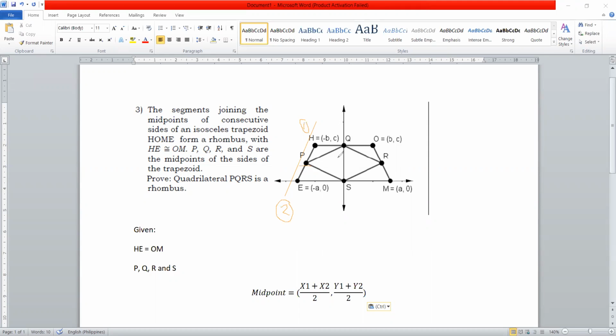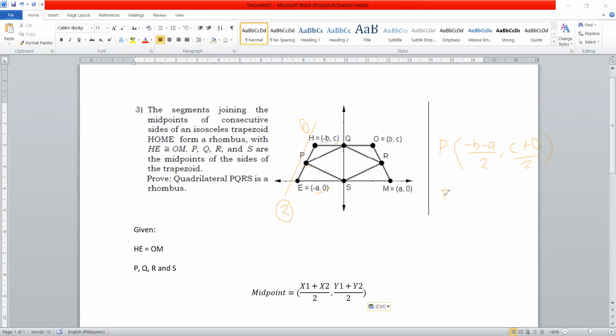We have here x1, negative B, and x2 is negative A. So negative B plus negative A is simply negative B minus A over 2. Next, y1 is C and y2 is 0, divided by 2.